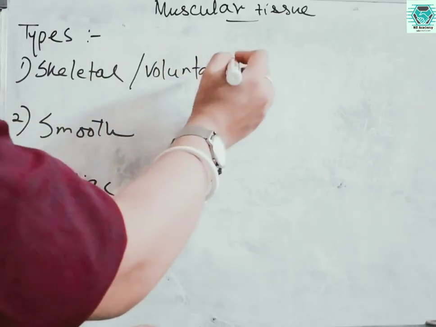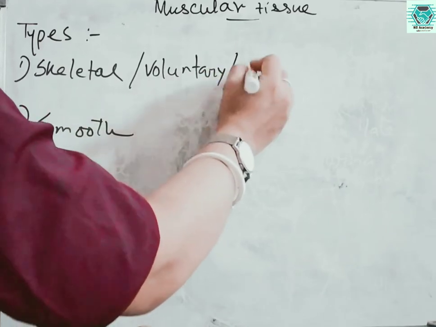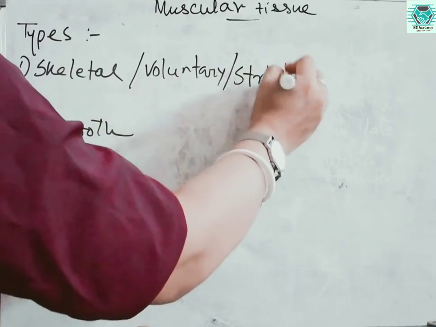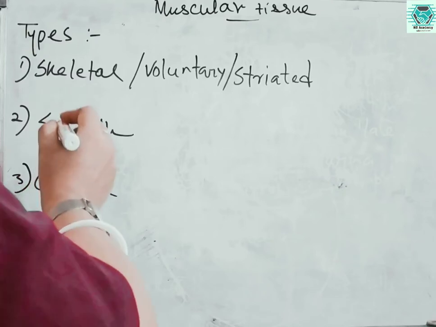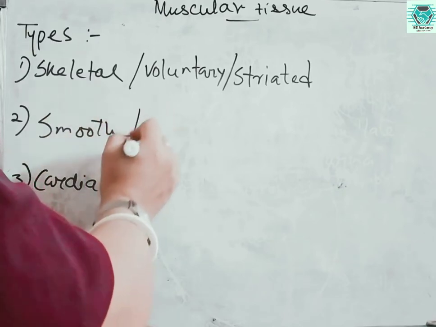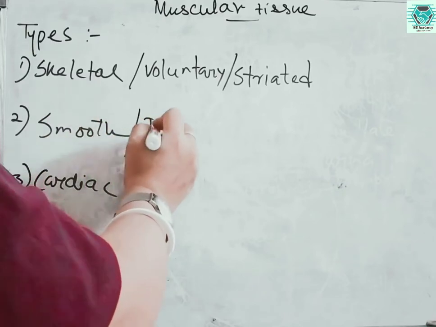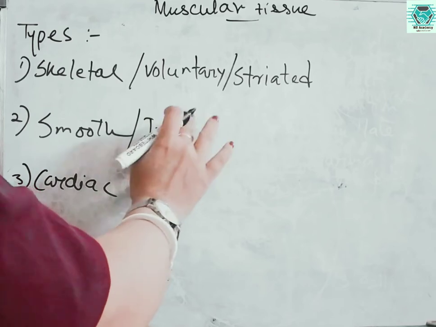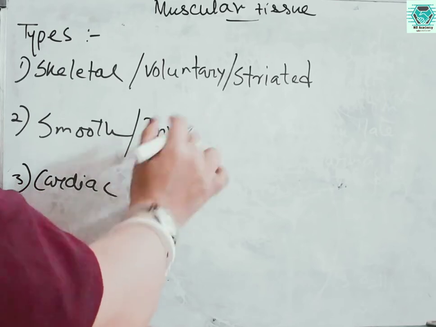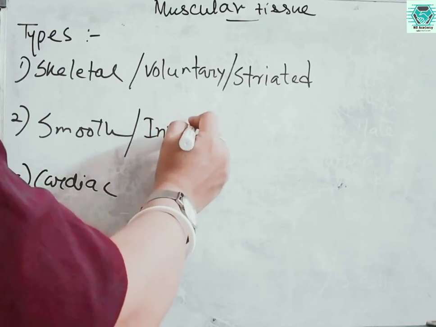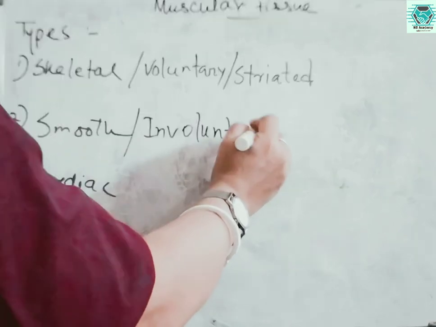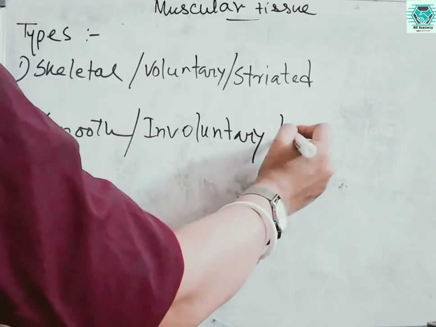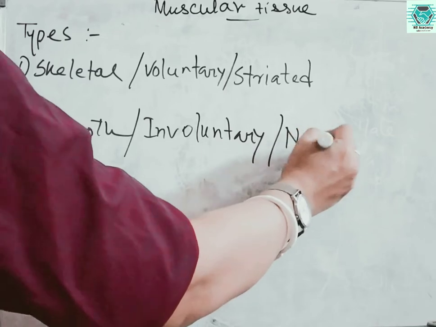The skeletal muscles often have striations, so they are called striated muscle. The smooth muscle, whereas, is not in our control, so we can say that these are involuntary in nature and they are non-striated.